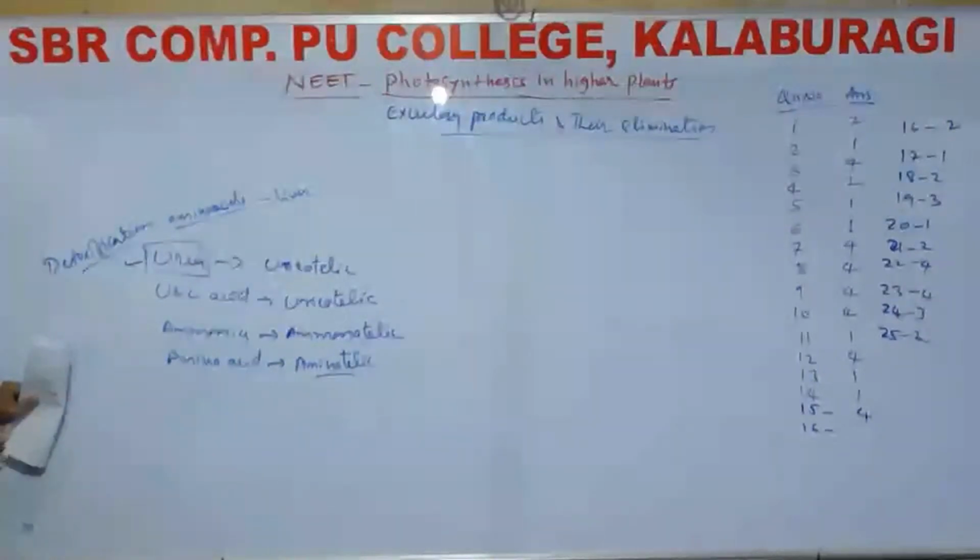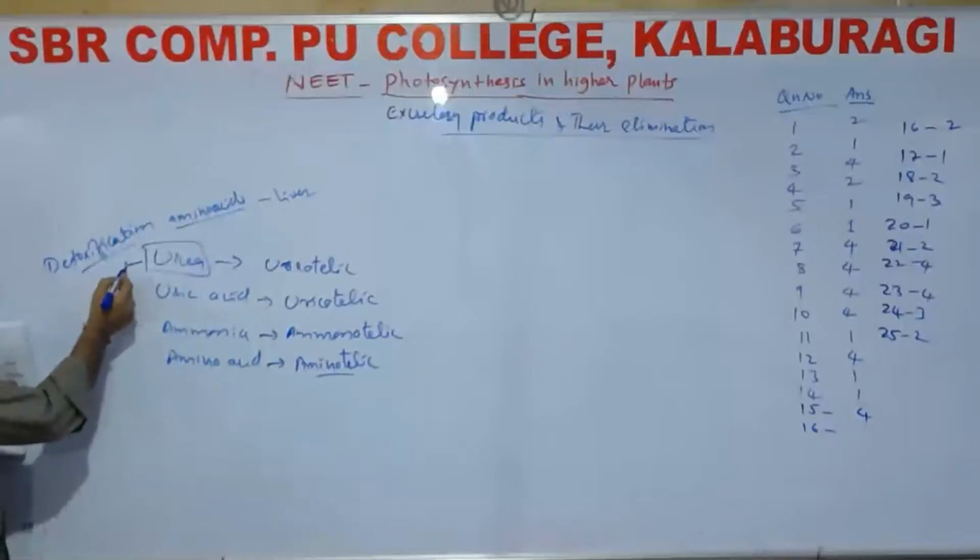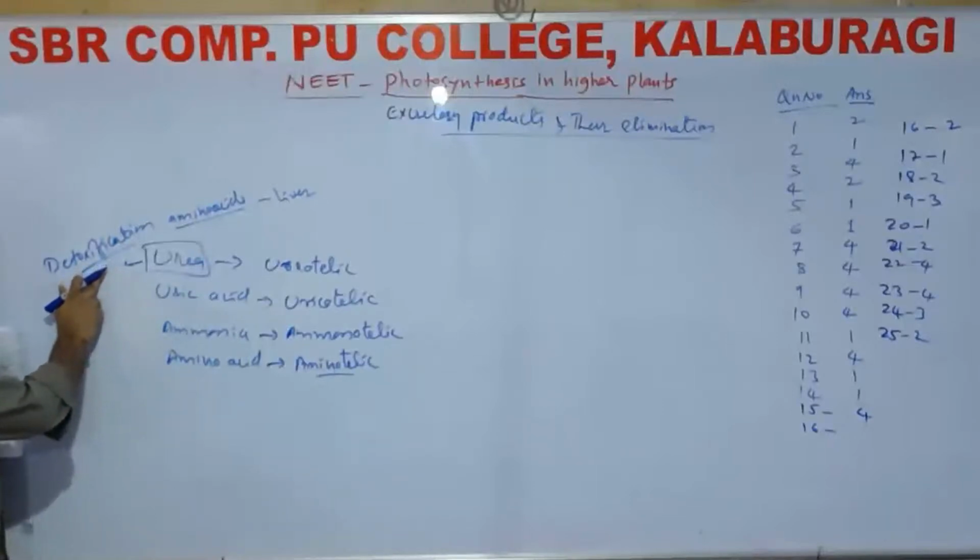Because most of the protein synthesis occurs in the liver, even though the waste material is also protein. So here urea is produced during the detoxification of amino acids.